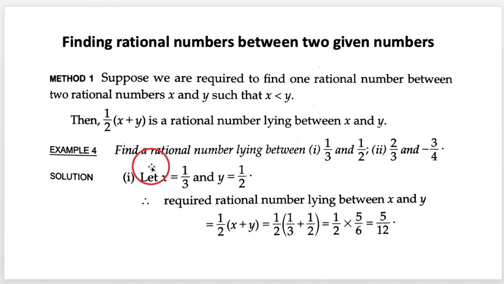The rule is half into x plus y. Suppose I say two numbers 2 and 4, you add 2 plus 4 is 6 and multiply with half. That means the answer is 3.